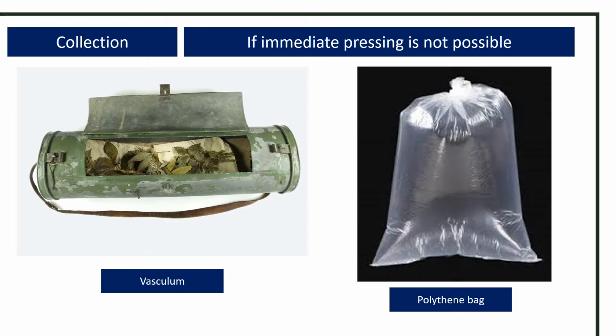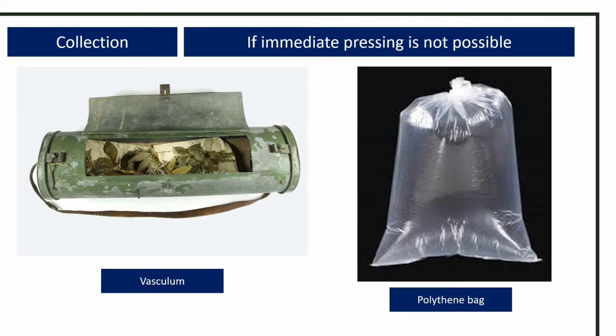Later there comes a point where people can easily store the plants in a polythene bag. So at that period of time, people slowly made use of the polythene bag. If you keep the plant inside a big polythene bag in a fresh condition, the plant will last long.